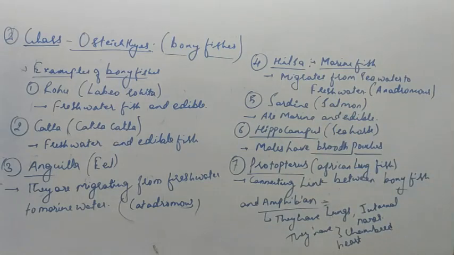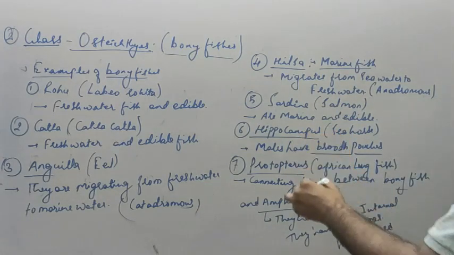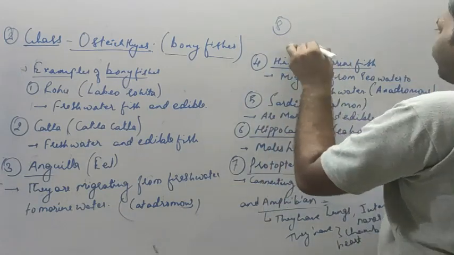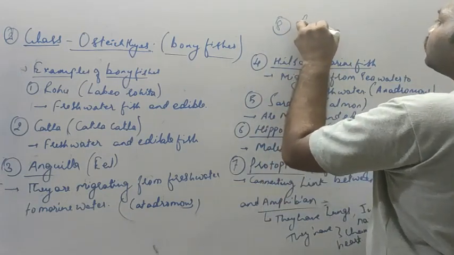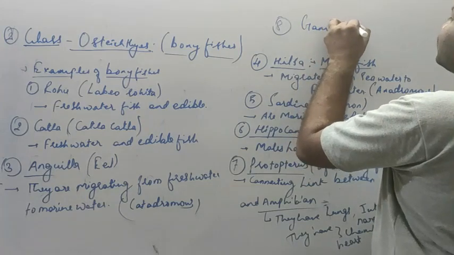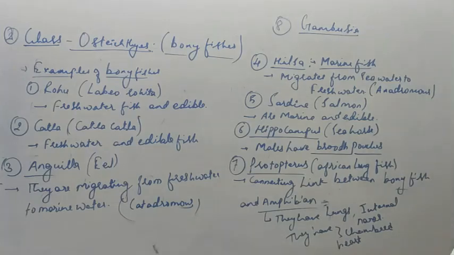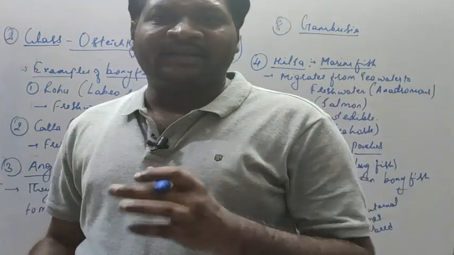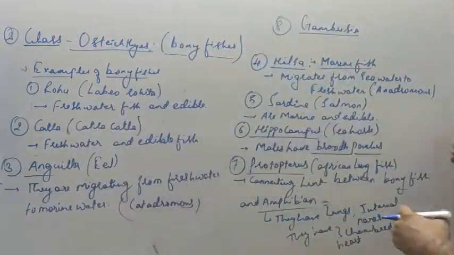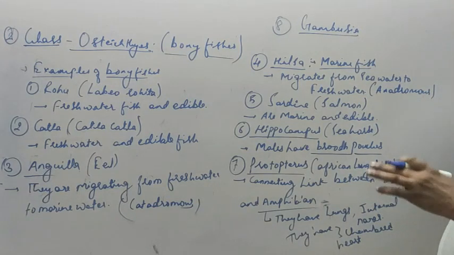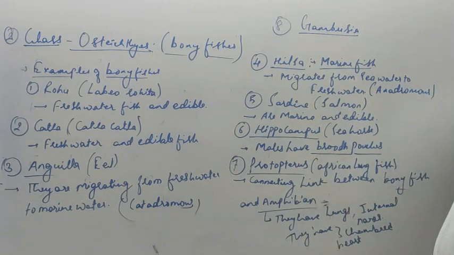So these are a few examples of the bony fishes. One more example we can add here, number 8, the Gambusia. Gambusia are very important fishes to maintain environmental conditions, or to keep the environment free from insects. In general language we call it guppy, maase in Marathi. What is the function of this guppy or the Gambusia?